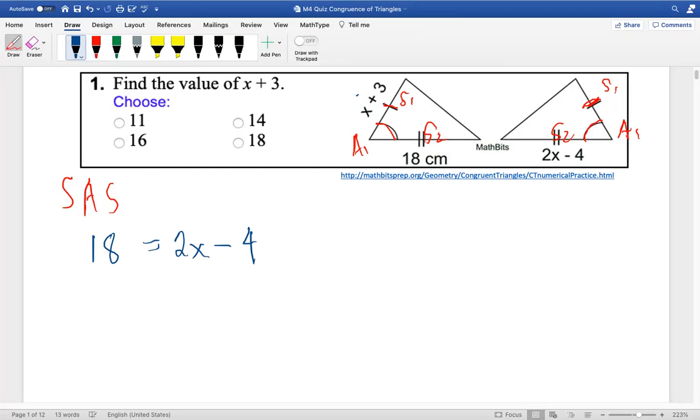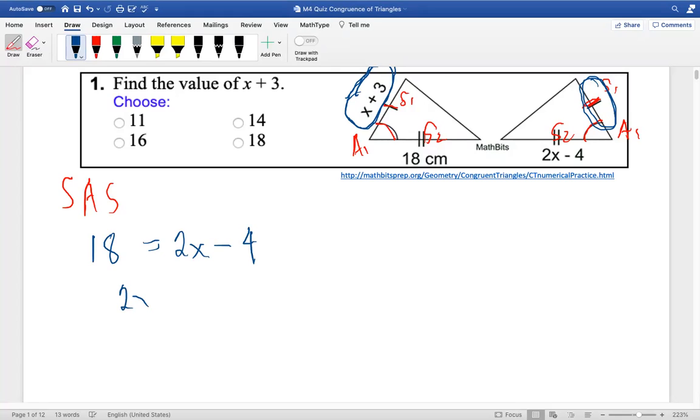And x plus 3 corresponds to this side. However, there's no given measure of the other triangle, so we focus on these two corresponding sides. Here we can solve for the value of x.